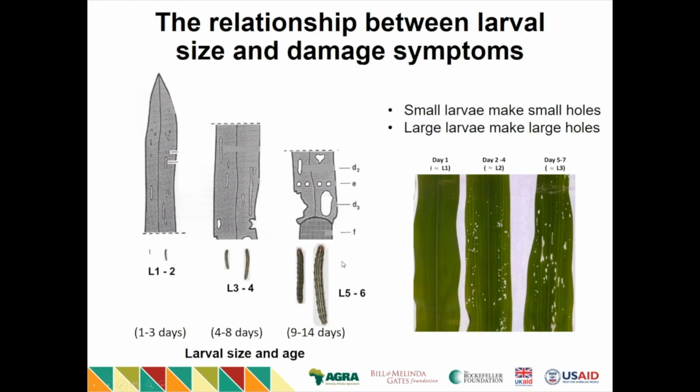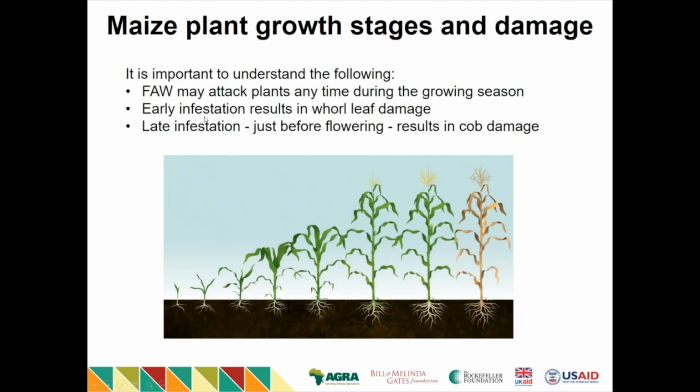So that also explains to you the timeline that farmers need to know and when they need to apply control measures. And I'm not going to spend a lot of time on this because I'm sure most of you realize that depending on plant age, the larval damage and outcome in terms of yield differs.